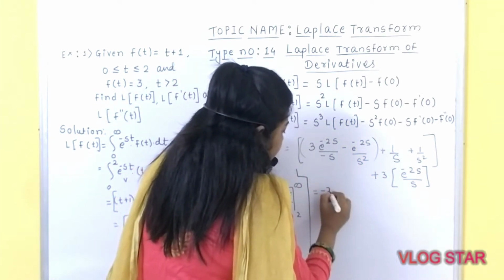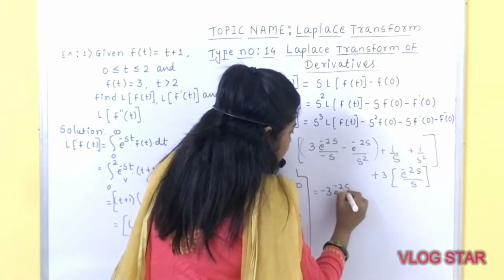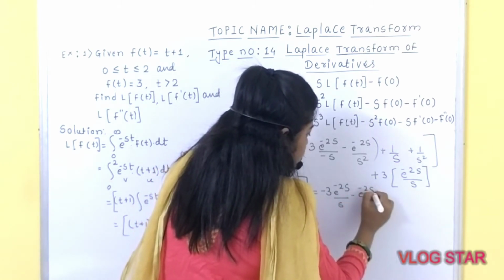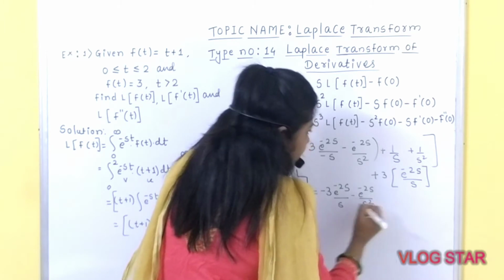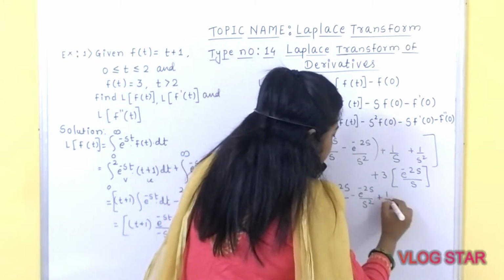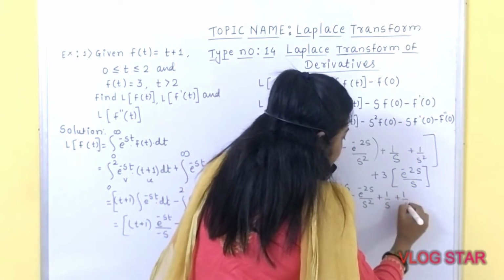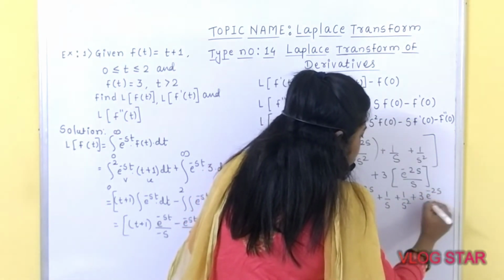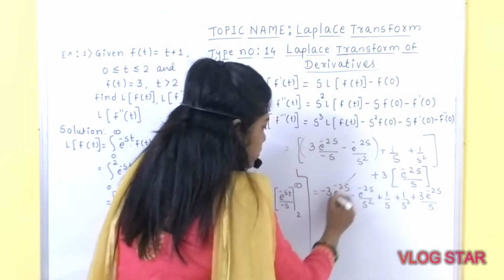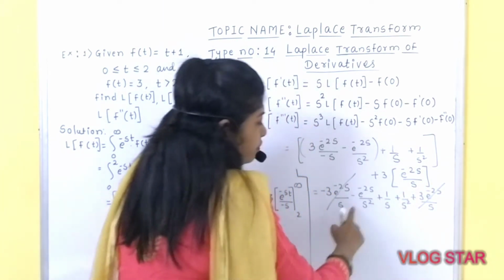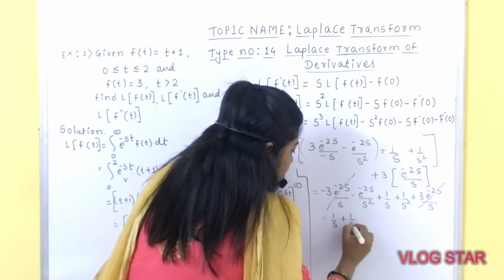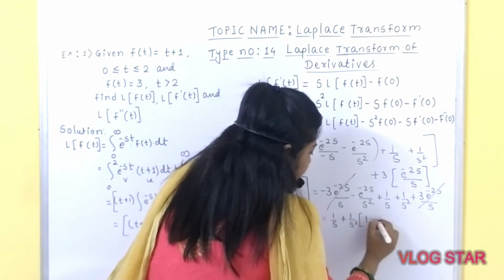Here you will get minus 3 e raised to minus 2s upon s minus e raised to minus 2s upon s square plus 1 upon s plus 1 upon s square plus 3 e raised to minus 2s by s. This will get cancelled. From this you can take plus 1 upon s square outside the bracket.